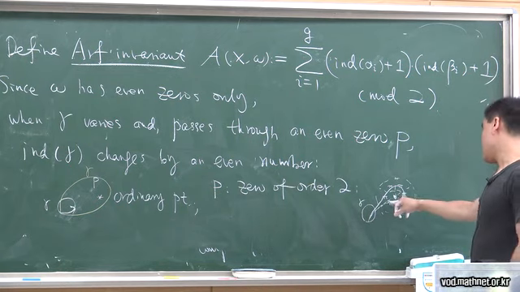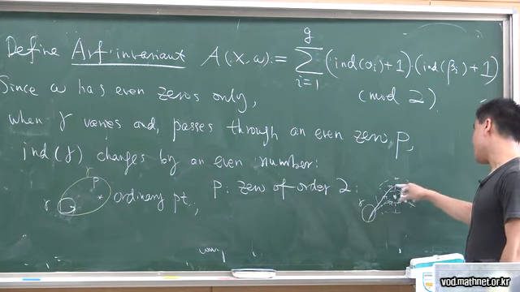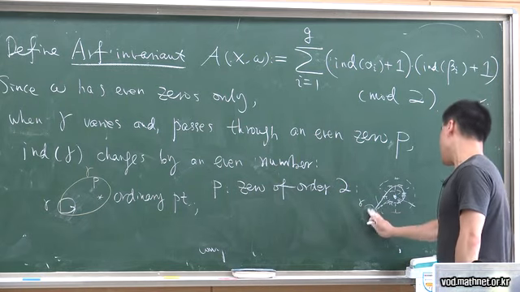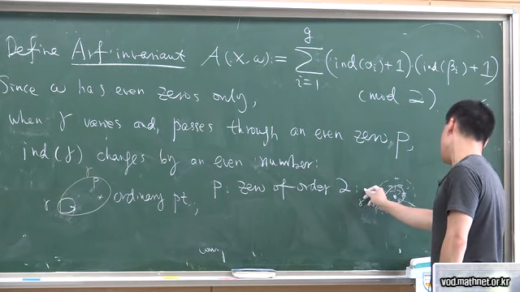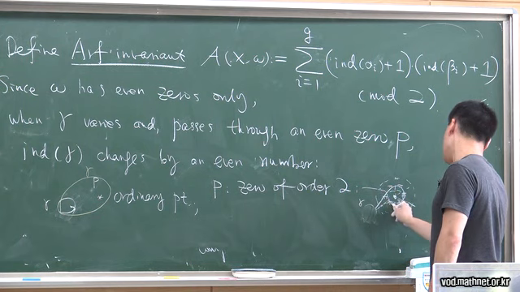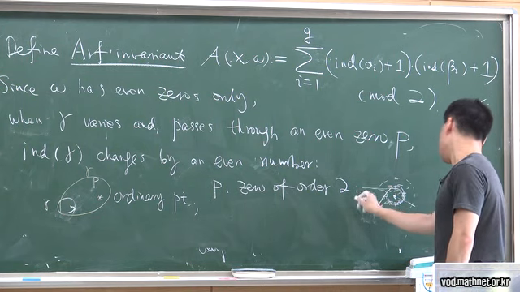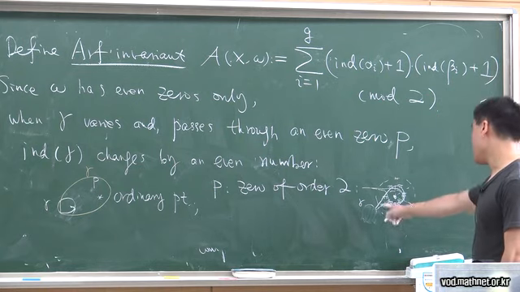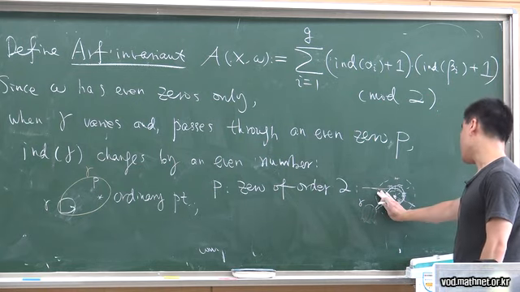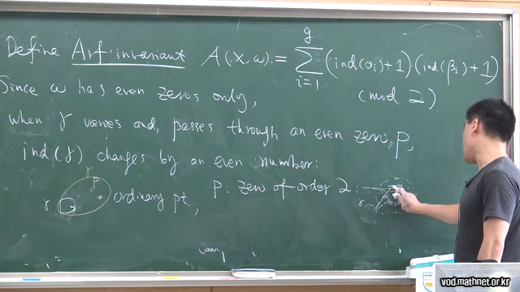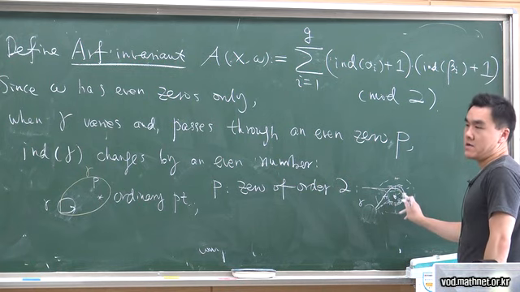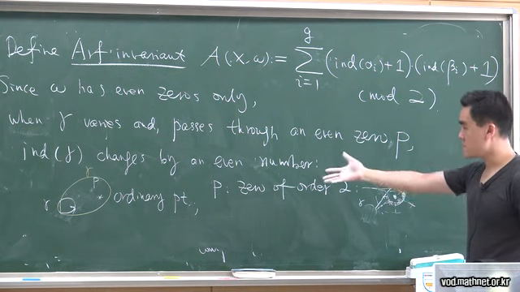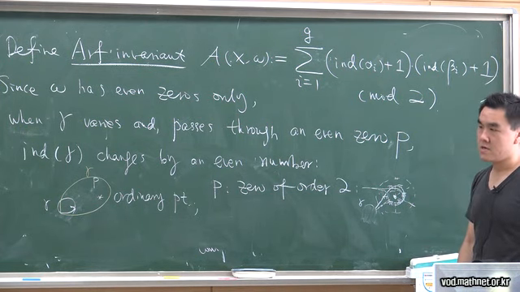Originally you only have 2 pi here, but then you add the actual 4 pi. So for the Gauss map, that means you add 2 to the degree of the Gauss map.